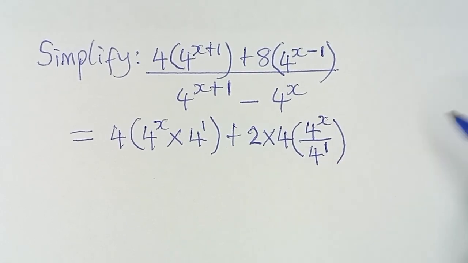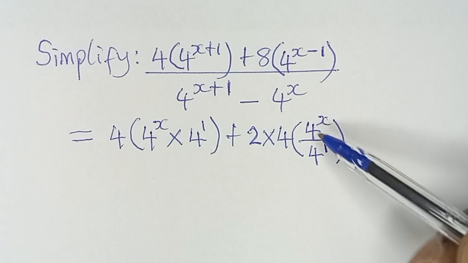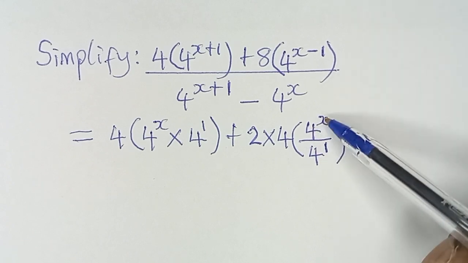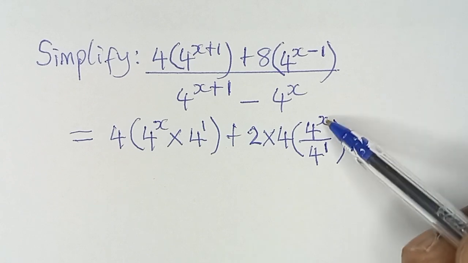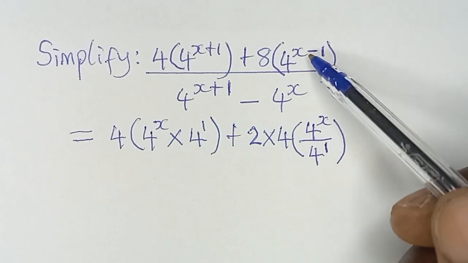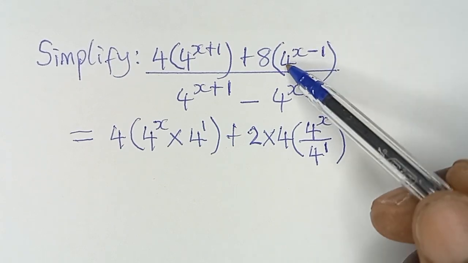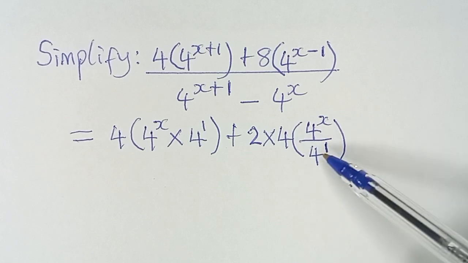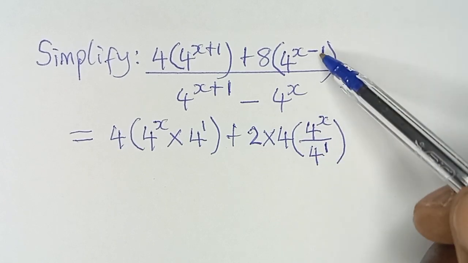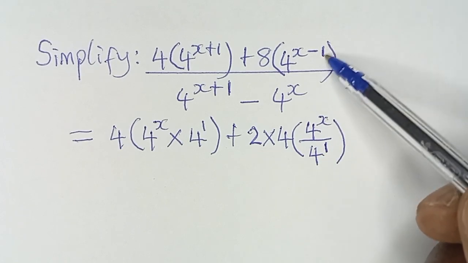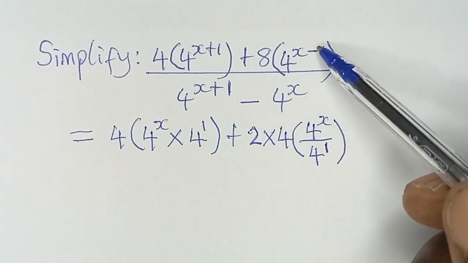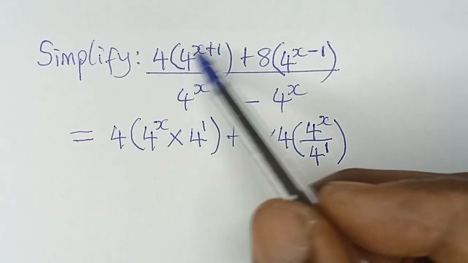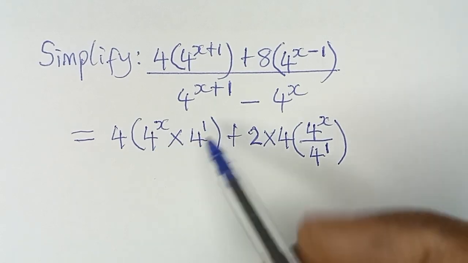Because from indices, when you have division like this, you take one of the bases and then you subtract the powers, which is x minus 1. So when you have subtraction in the powers, you just take one of the base and then divide it by the base raised to the power of the other number there, which is what I've done here. So in subtraction, you do it this way. In addition, you do it this way.